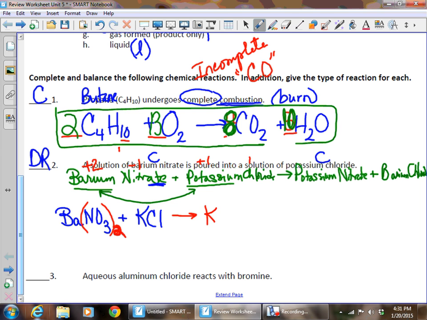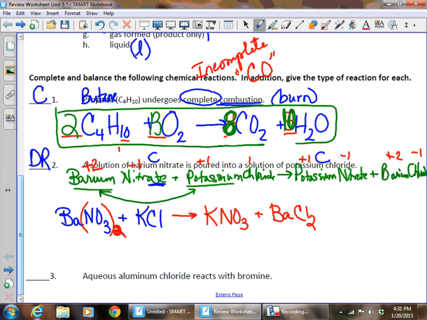Potassium nitrate is K with the NO3. And barium chloride is Ba with Cl. Now find your charges. Potassium's +1, nitrate's -1, so no subscripts needed there. Barium +2, chloride -1. Looks like we're going to need a 2 here.